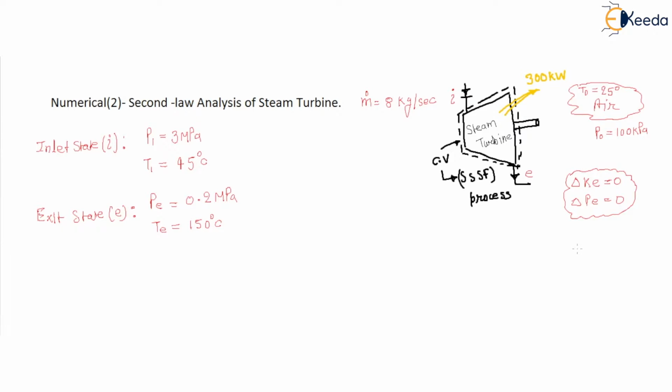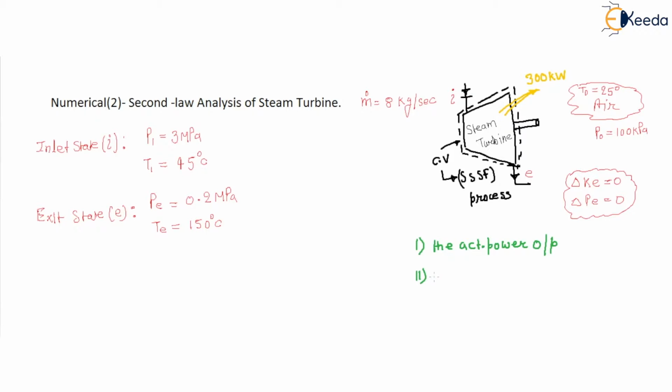So, number first, to determine the actual power output. Number second is the maximum possible power output.